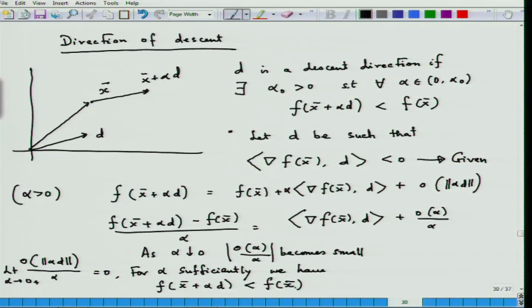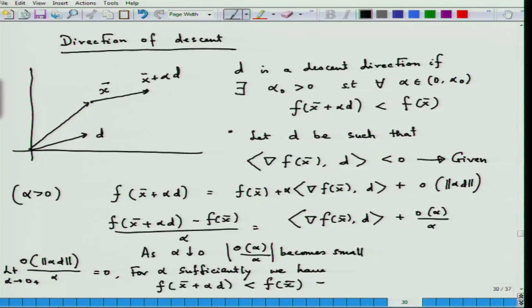For alpha sufficiently small means that there is an alpha naught such that for every alpha between 0 and alpha naught, I would have this whole thing strictly less than 0.